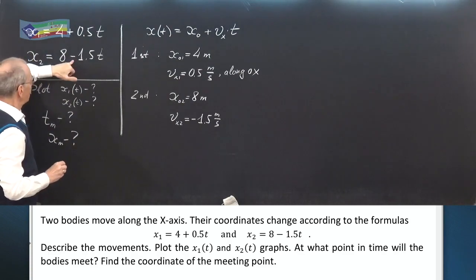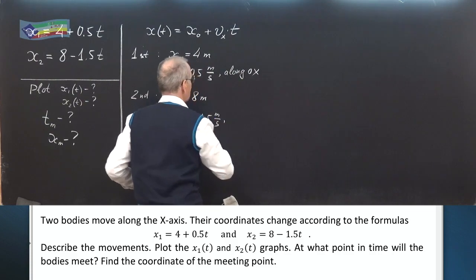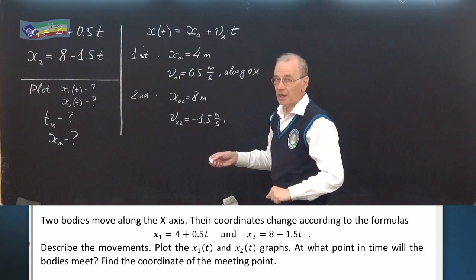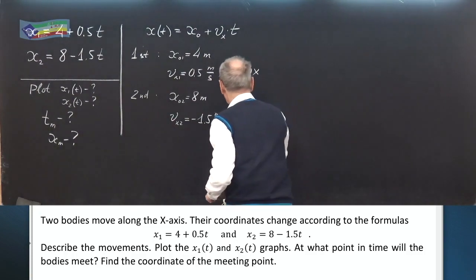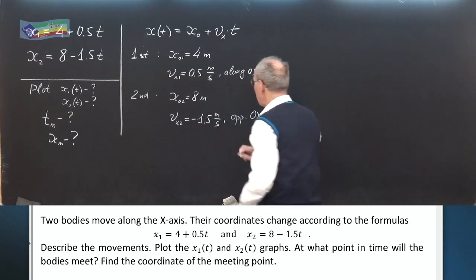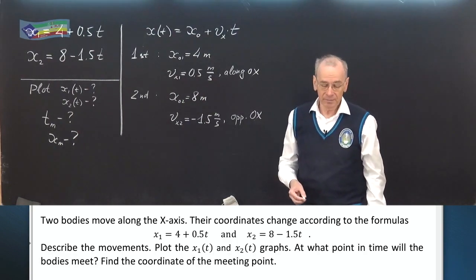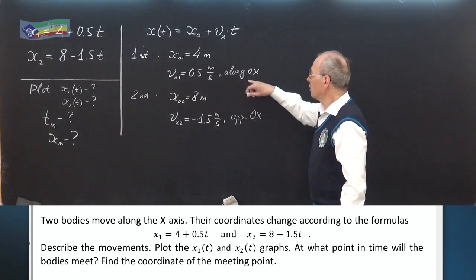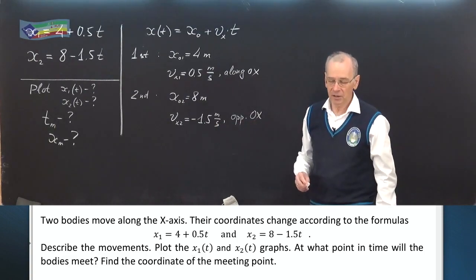So, since here is the minus sign, we can say this body moves in the opposite direction when compared to the direction of the x-axis. This is the description. Both bodies move in a straight line uniformly, the first along the x-axis, the second in the opposite direction.